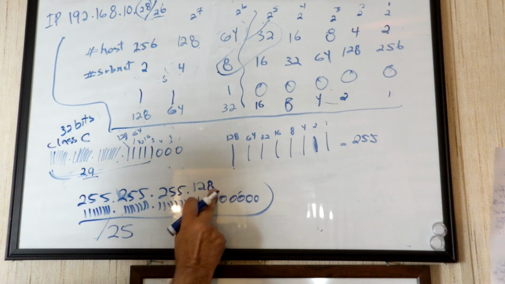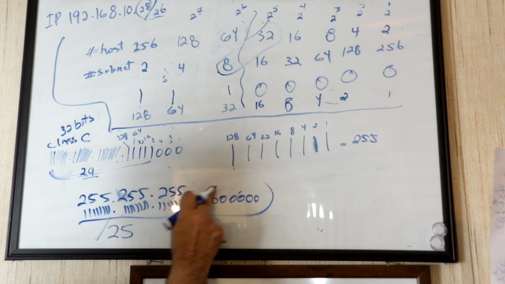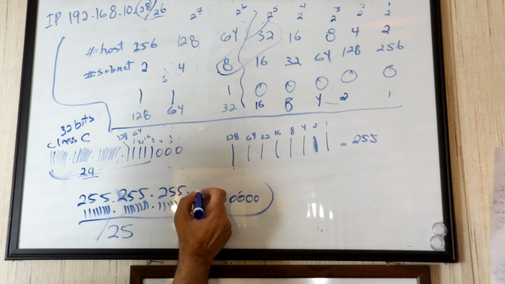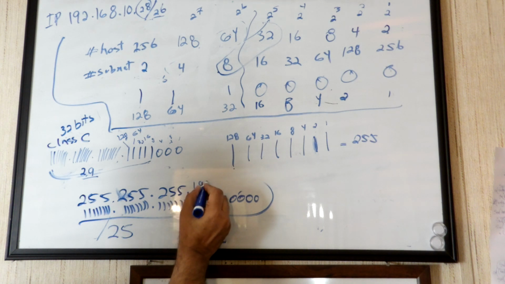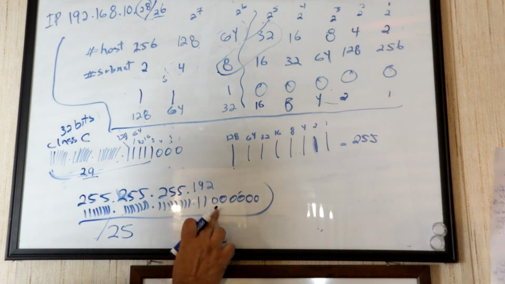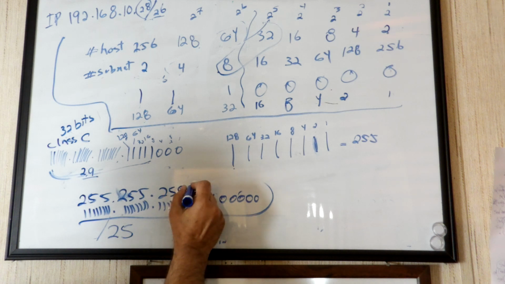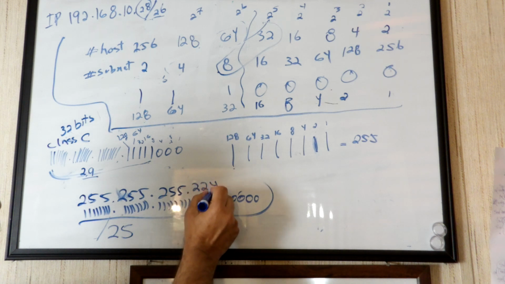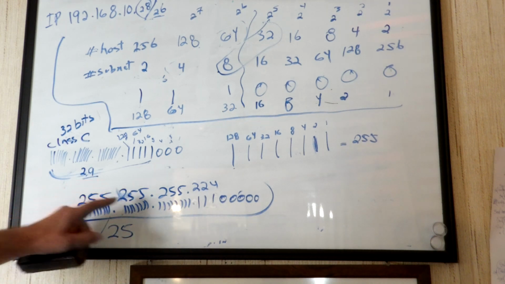If there were 2 ones and 6 zeros, this is going to be 128 plus 64, which is 192. And if it's 3 ones, this is going to be 224. So you have to learn how we convert this.